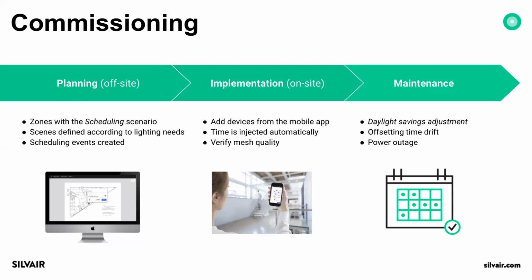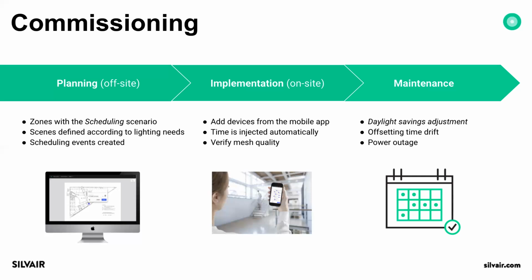That is what I've said before: to specify a project with devices having 2.20 or above firmware version, and to consider proper connectivity as soon as possible. But from a commissioning point of view, we have three stages.